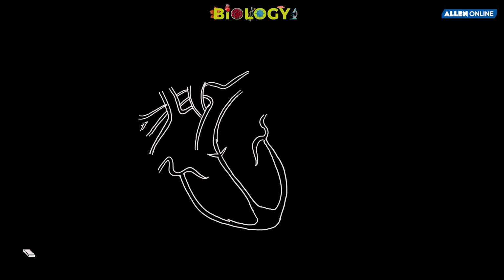Here we will erase this one, okay, because this is not needed here, so this is how we will draw. And now here we are going to draw another vessel that is representing the pulmonary veins. Here draw this section at these places.